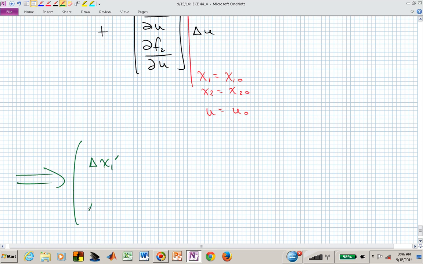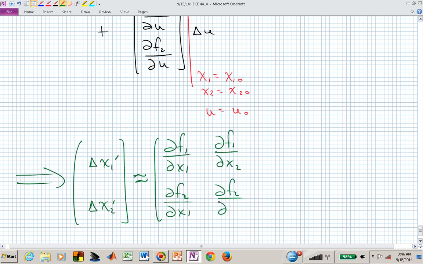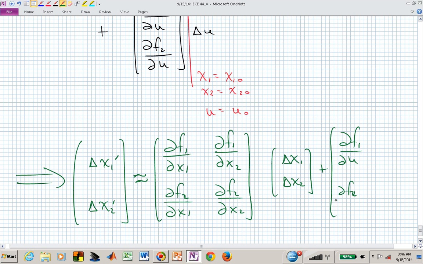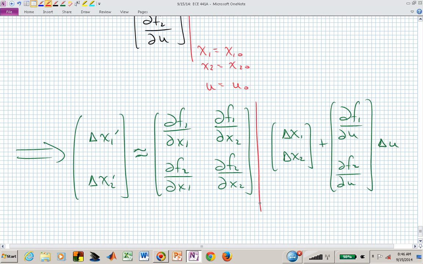We have delta x1 prime, delta x2 prime is approximately equal to partial of f1 with respect to x1, partial of f1 with respect to x2, f2 with respect to x1, f2 with respect to x2, and those partials, or those matrices of partials, now have to be evaluated at the nominal operating point or condition.